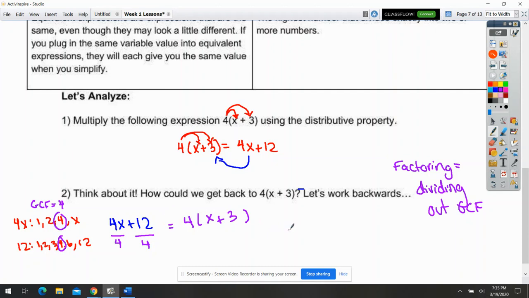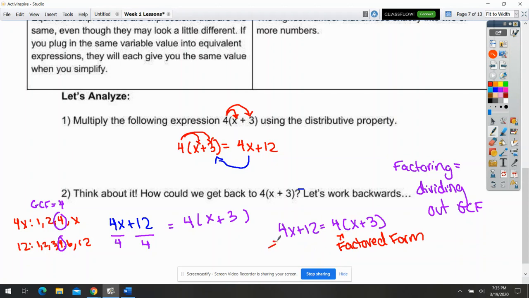So by factoring out the GCF, we get it back to this form. So these two things are equivalent. 4x plus 12 is equal to 4 times x plus 3. This is our factored form. And this is our expanded form, okay?